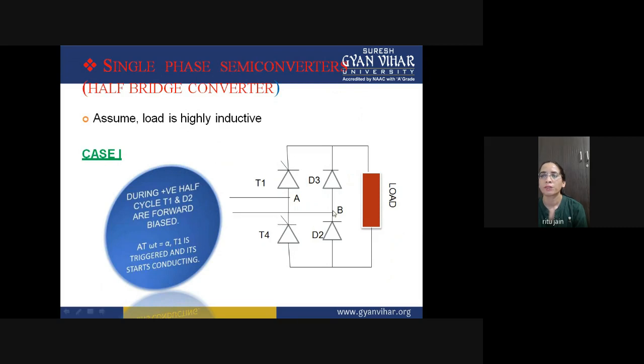And if this terminal is positive, then D3 will be in forward biasing and D2 will be in reverse biasing. So T4 and D3 will be conducting for the negative half cycle, and T1 and D2 are in reverse biasing.